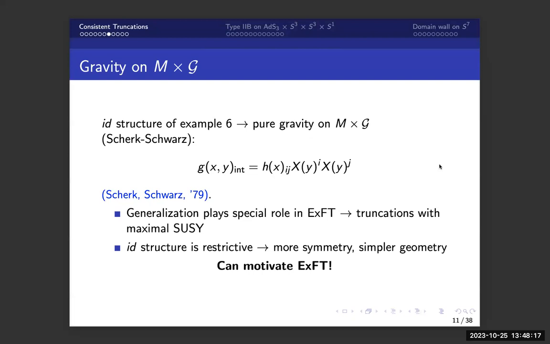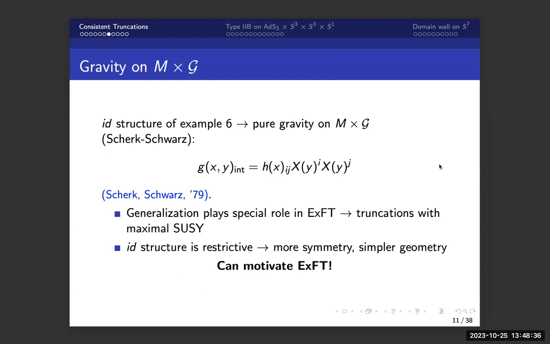So yes, like anticipated, you can use that G structure on Lie groups to write a generalization of Kaluza-Klein gravity, which is typically called the Scherk-Schwarz compactification, where you precisely follow the prescription.